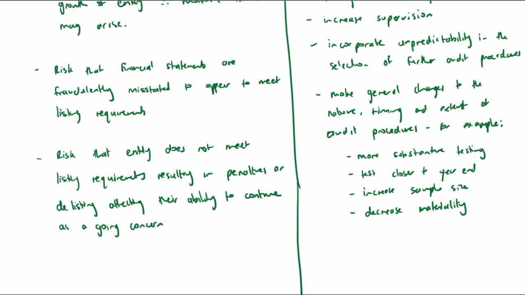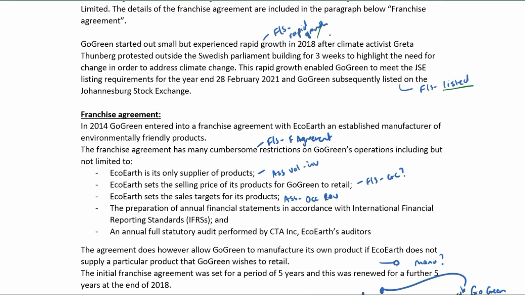And then what's the problem with the financials? If the financials are still prepared on a going concern basis, they are misstated. They should be then prepared on an alternative basis. You can cross that off.